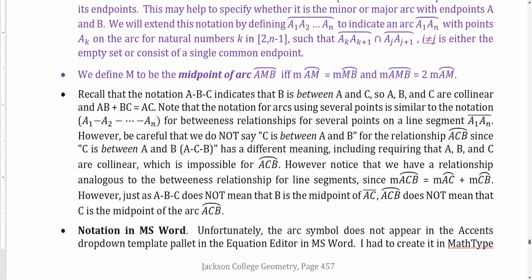The notation A-B-C, remember, indicates that B is between A and C, and our definition of that was that A, B, and C are collinear points, and the distance AB plus the distance from B to C equals the distance from A to C. The notation for arcs using several points is similar to our notation for multiple betweenness relationships like this, A1, A2, A3, and so forth up to An, for several points on a line segment from A1 to An. It's a very similar type of relationship.